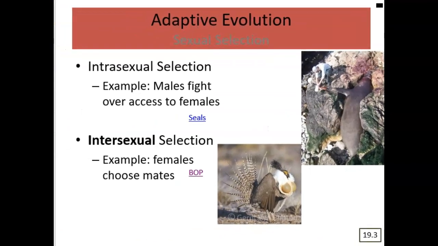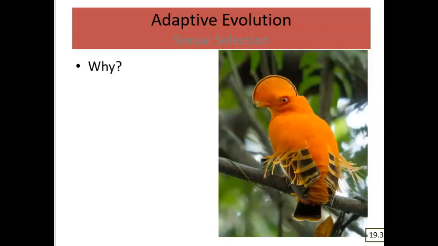Okay, so this leads me to a question. Why? Is there some benefit to the females choosing males that are just completely and utterly ridiculous? I mean, the picture here is this bird. This is a male of the species.